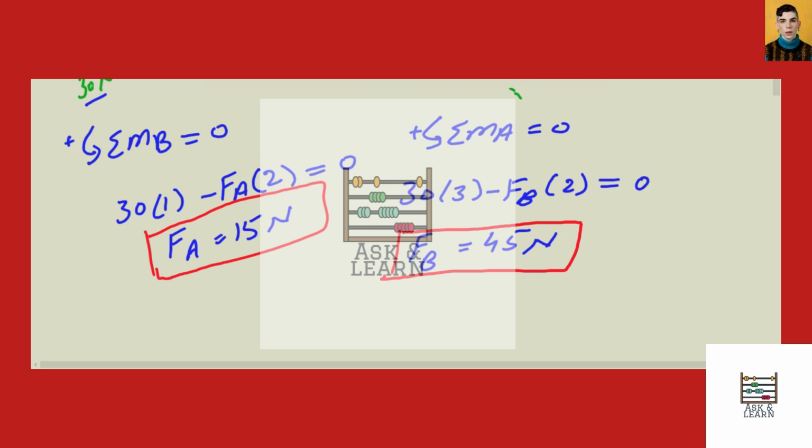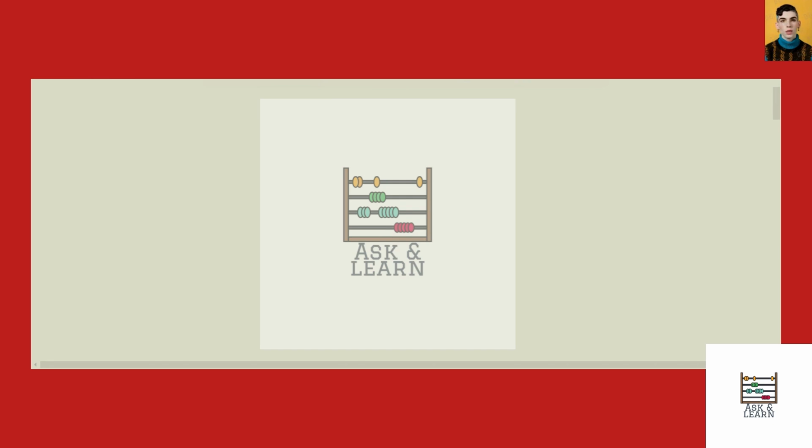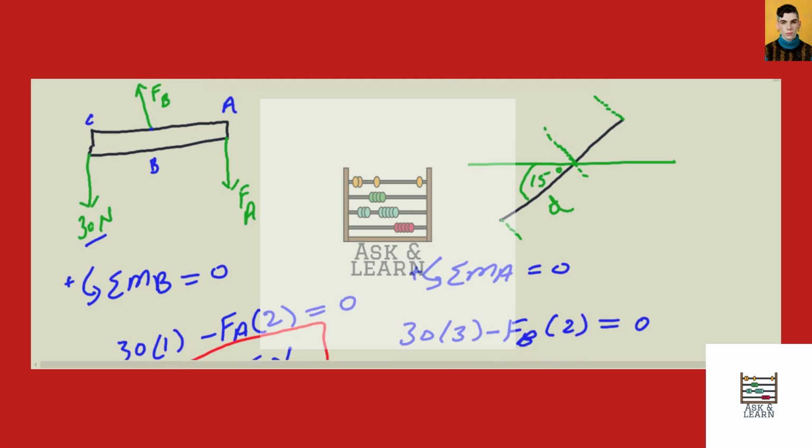To find the stretch in each spring, the formula is: the force at A is equal to the stiffness of the spring times the stretch in the spring at point A. And for the second spring, the force at B is equal to the stiffness of the spring times the stretch in spring B. These two stretches are here, one here and the second one here.